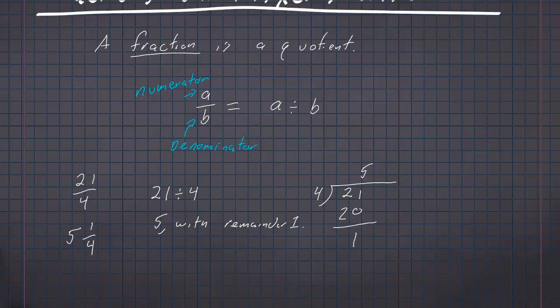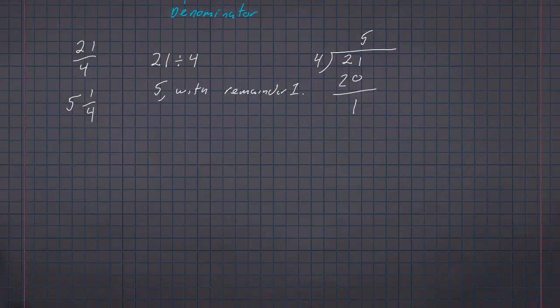Another way of thinking about that, if we were looking at a larger number where you have to go through this long division process a couple of times, 12 goes into 377.